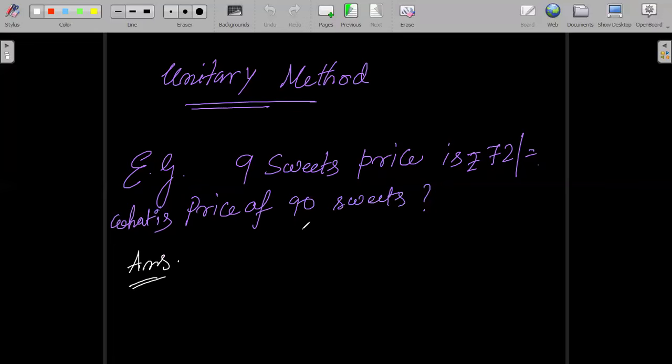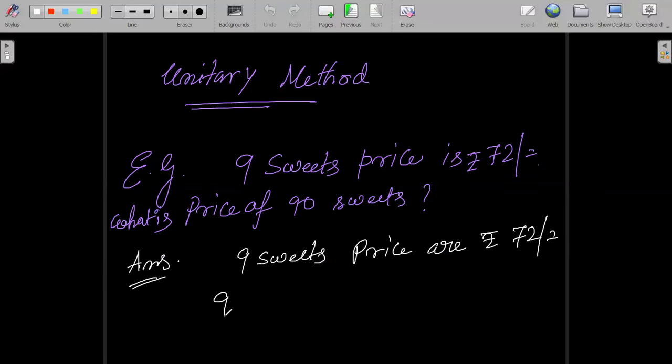Because many of you will say, sir, there is no problem. When the price of 9 sweets is rupees 72 and you are asking me for 90 sweets price, so it is just 10 times the sweets, so we'll make the price 10 times.